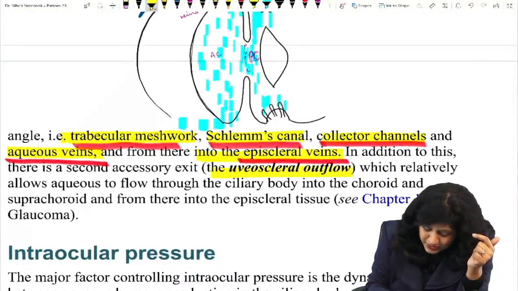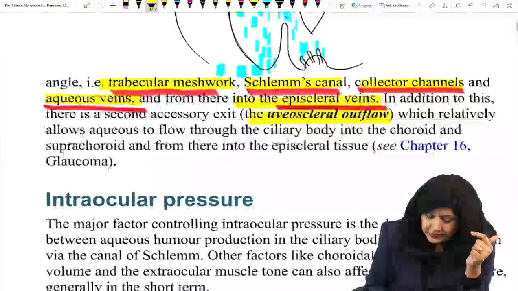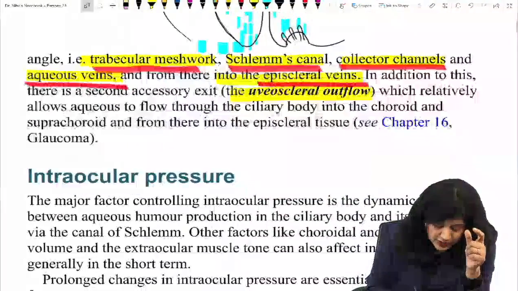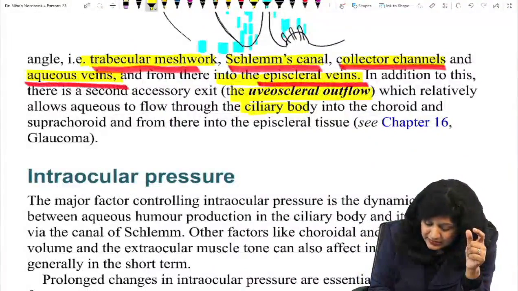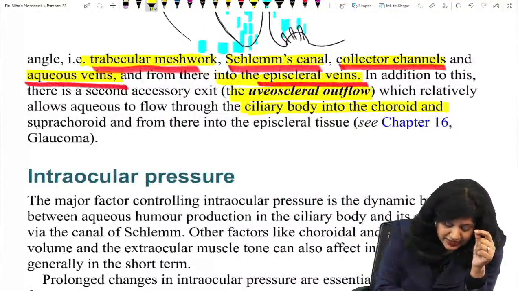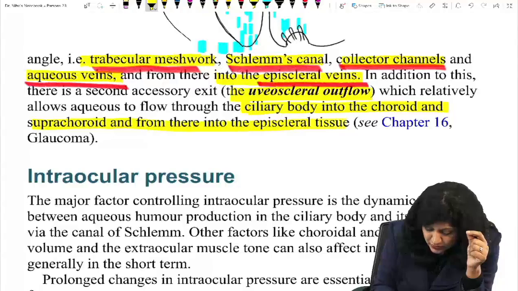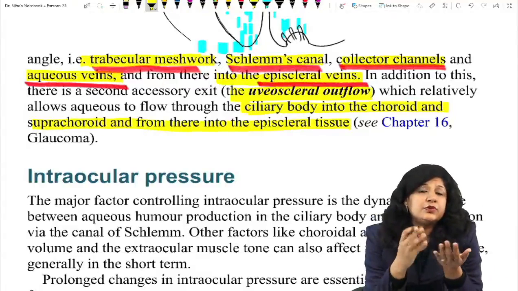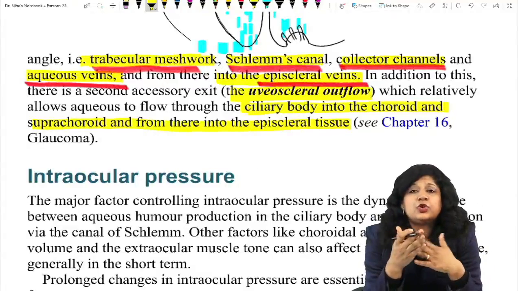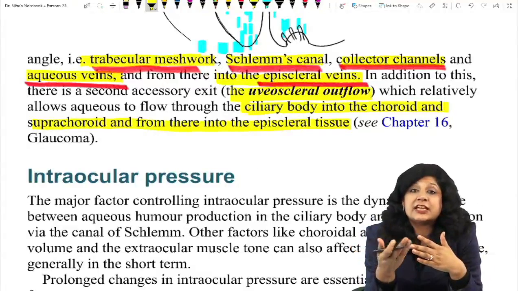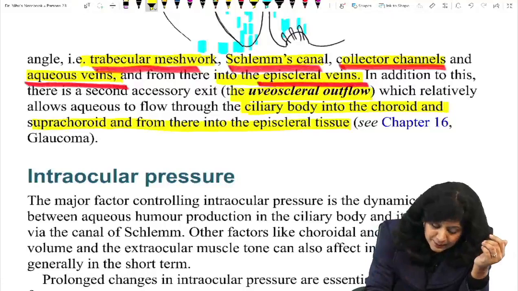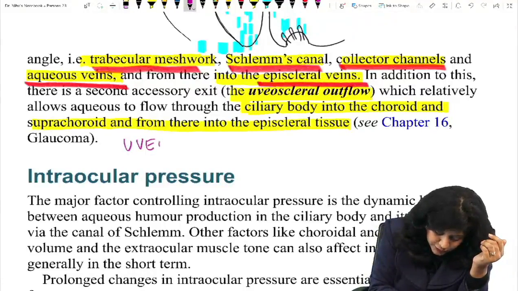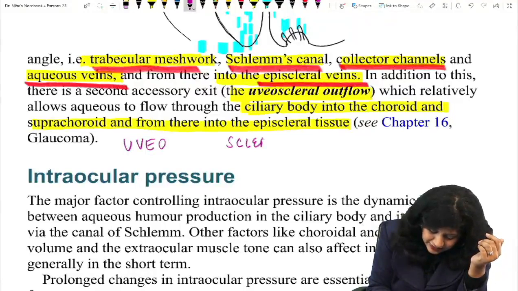This smaller one is the uveoscleral outflow. Now, this uveoscleral outflow allows aqueous to flow through the ciliary body into the choroid and the suprachoroid, and from there into the episcleral tissue. Though we will deal with it in detail in the topic of glaucoma, it is uveo and then it is scleral, right?